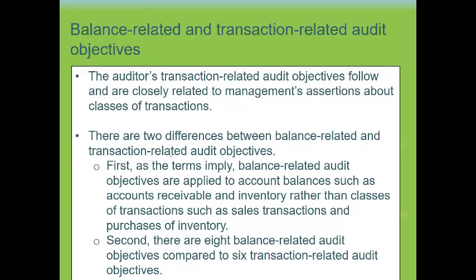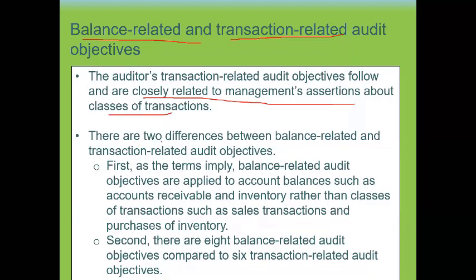Okay? طيب فاحنا we are saying this is what the management must be taking into consideration. Me بقى as an auditor, when I go to audit, I will look mainly to the balance related and transaction related audit objectives. Okay, and those are closely related to the management assertions about classes of transaction and balances.